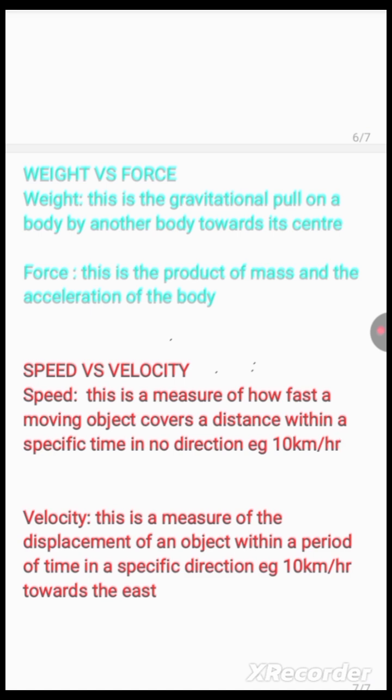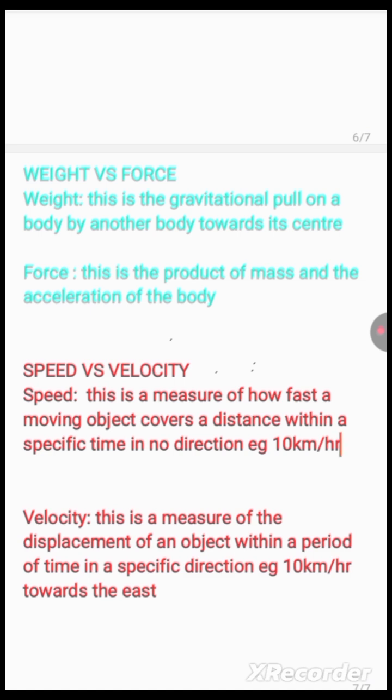Now, velocity. This is a measure of the displacement of an object within a period of time in a specific direction. An example is 10 km per hour towards the east.